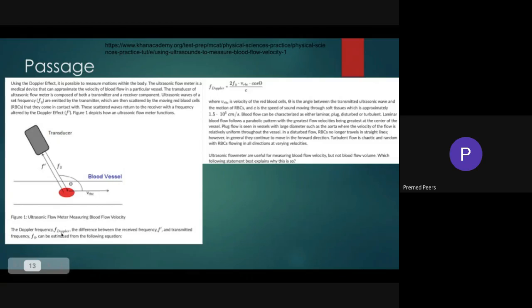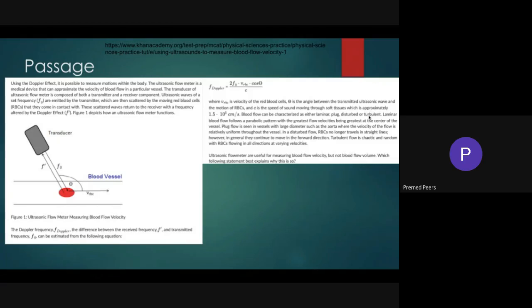The Doppler frequency, F Doppler, the difference between the received frequency F prime and the transmitted frequency F0, can be estimated from the following equation, where V RBC is the velocity of red blood cells, theta is the angle between the transmitted ultrasonic wave and the motion of the RBC, shown here, and C is the speed of sound moving through soft tissues, which is approximately 1.5 times 10 to the 5 centimeters per second.